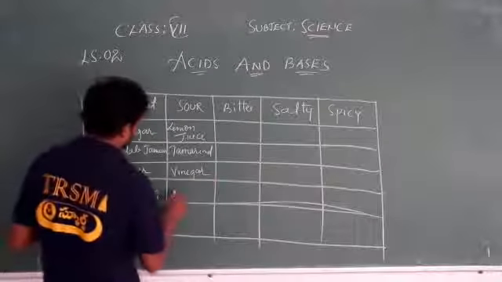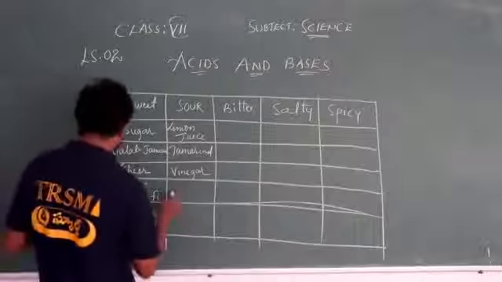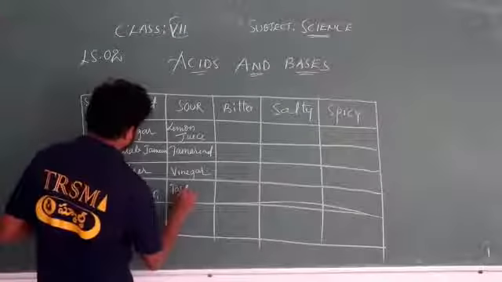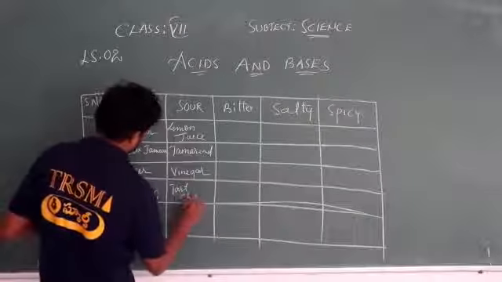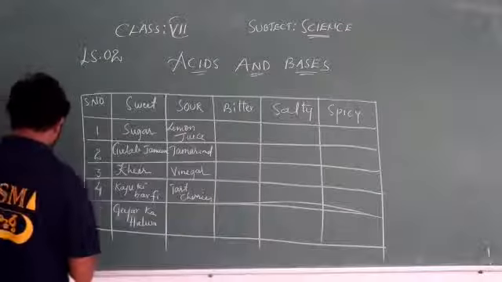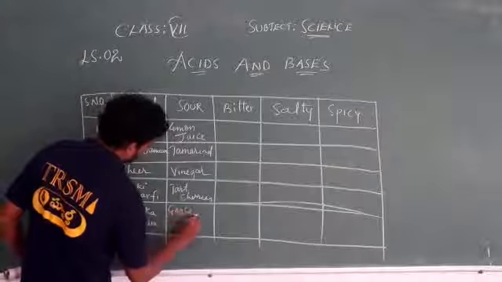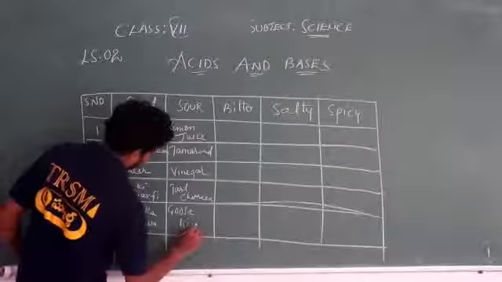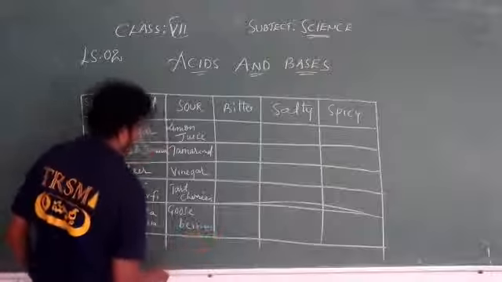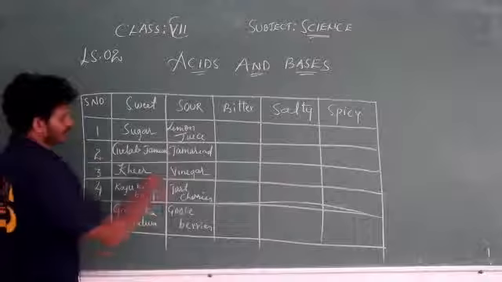And next, other one is tart cherries. And other one is gooseberries. These are some of the sour materials, sour substances.